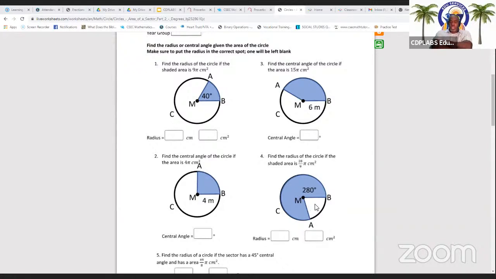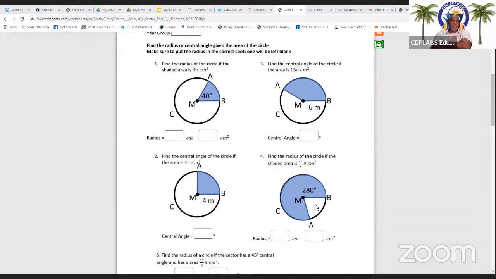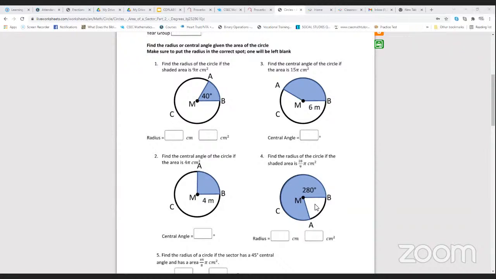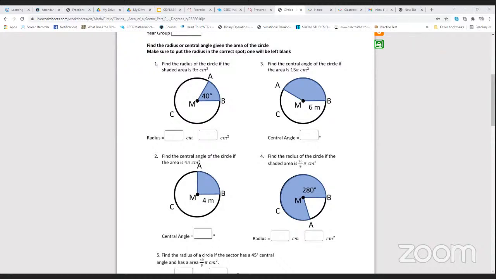80. All right, very good, Nikisha. Well done, Zabir. 80 degrees. Everybody understand how they got 80 degrees? Subtract.